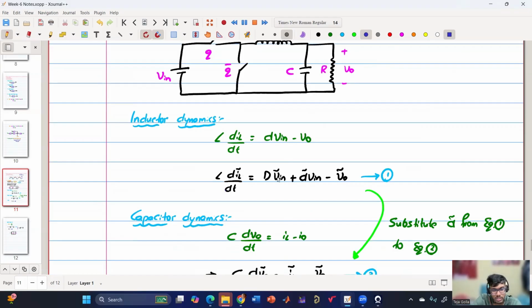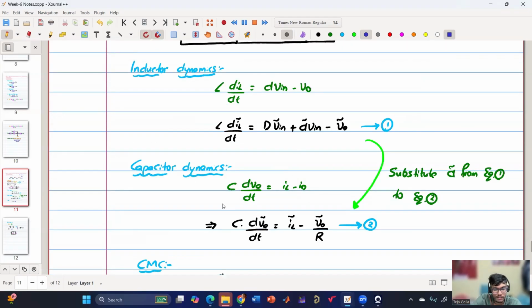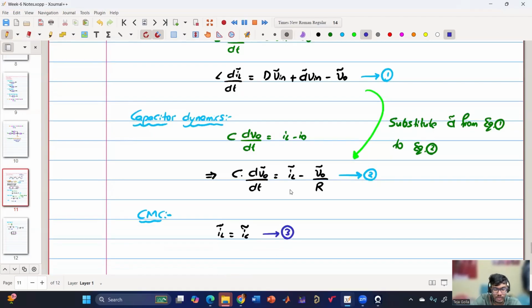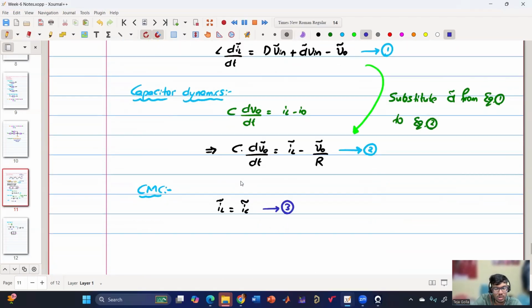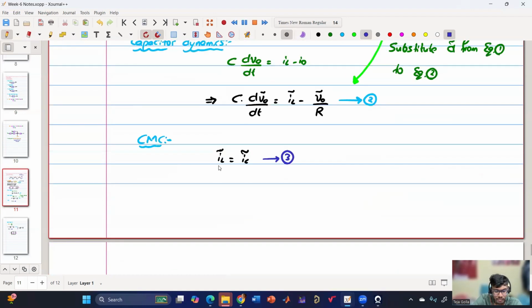We got one expression here, and for the capacitor dynamics we got another expression. These two are what we discussed in the previous week, but again we have written them. Because of the inner closed loop current mode control, we have assumed the inductor current is ripple free and equal to the reference, so IL perturb is IC perturb.